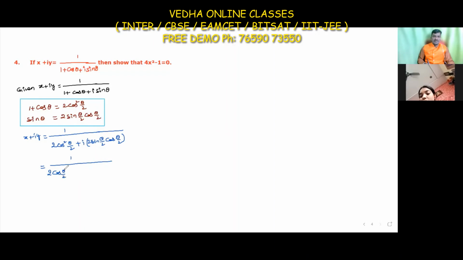Taking it out, remaining cos theta by 2 plus i sin theta by 2.